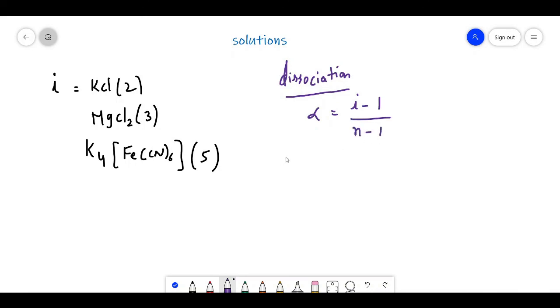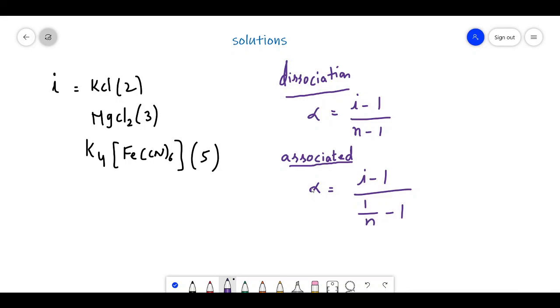And if the given solute is associated, then alpha is equal to (i minus 1) by (1 by n minus 1). So this is for degree of association. So based on the given solution, you can take association or dissociation.